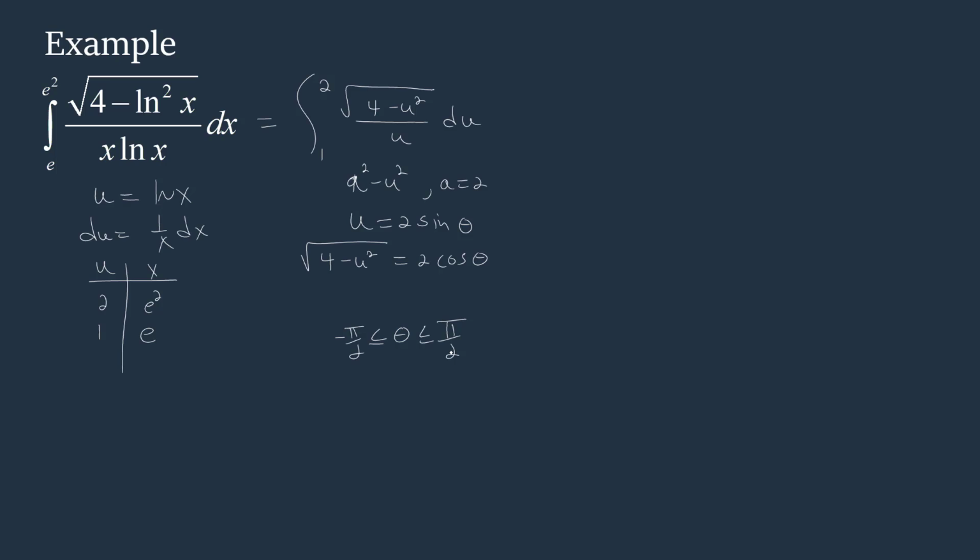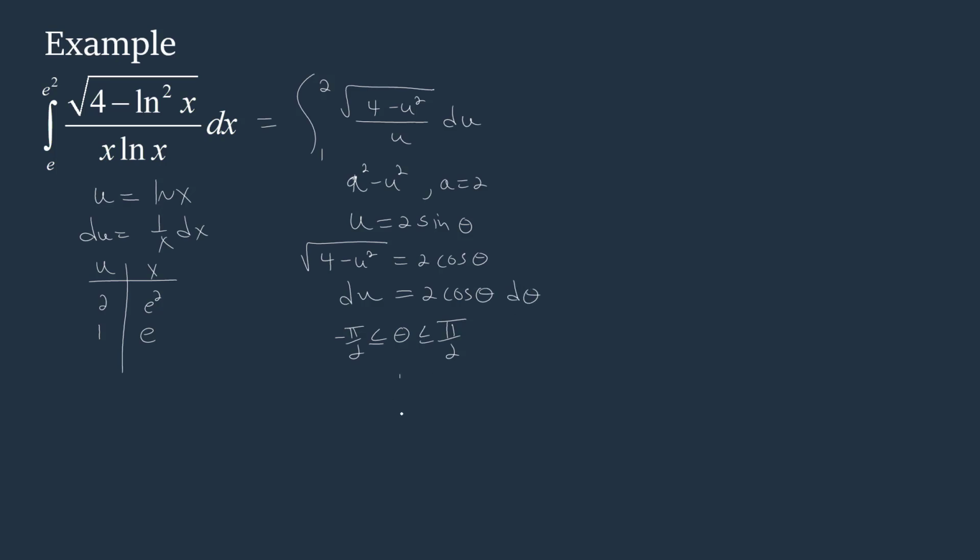That's the angle range we use for that. Because of that, since the angle is in this range, the cosine is already positive, and I don't need the absolute value around this cosine. At the same time, we would have that du would equal 2 times the cosine of theta d theta.